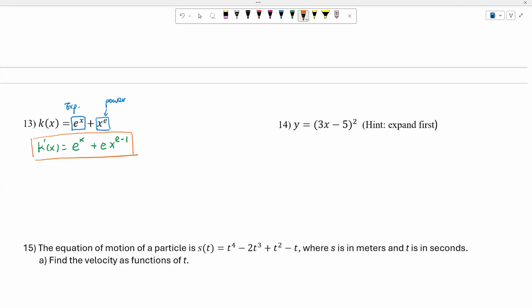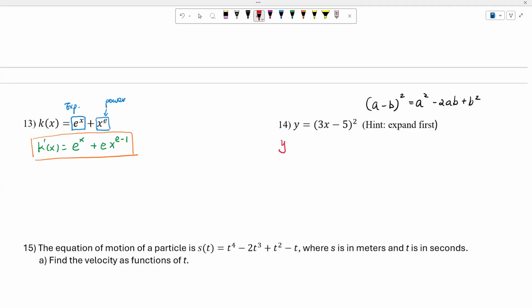Then now, how about if I have 3x minus 5 raised to the power of 2? Then, in this case, basically, I need to expand it first, right? So again, a minus b squared is a squared minus 2ab plus b squared.